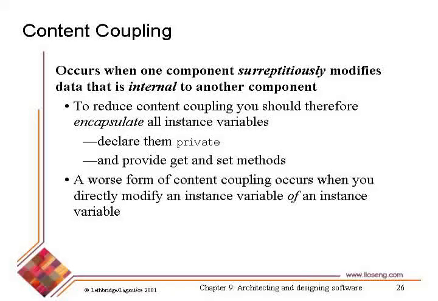Content coupling. Content coupling is arguably, or no, without doubt, the worst kind of coupling. Content coupling is where one component modifies data in another component, and the other component can't stop it, and worst of all, isn't even aware that its data is being modified. Classic examples occur when you have instance variables that are not private.